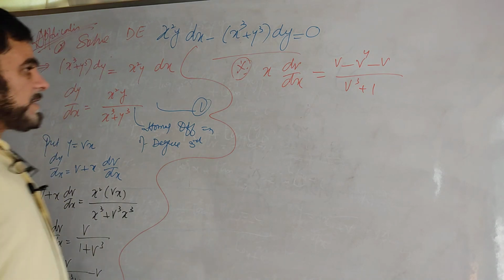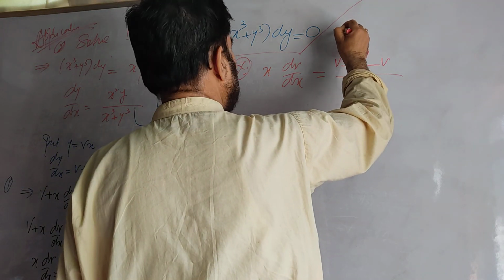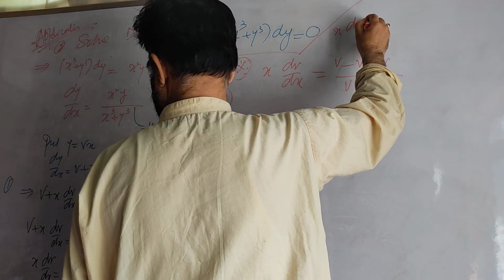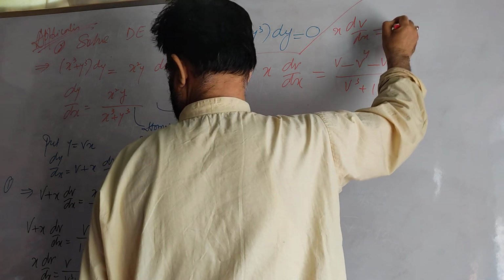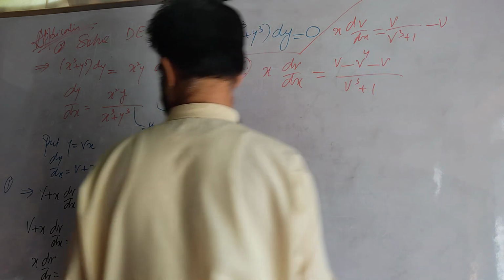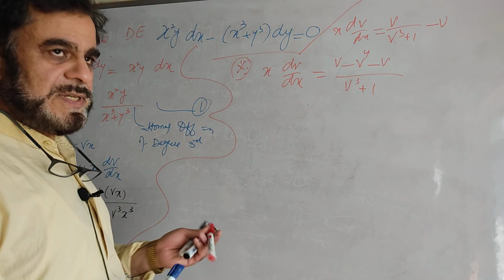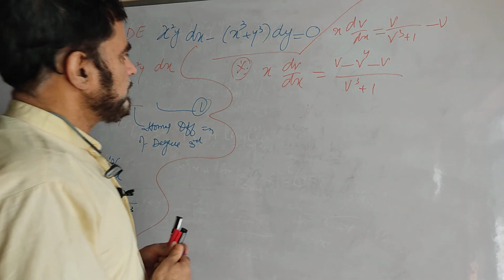If this setup is not visible, I will write this setup also for your information. My setup is x dv by dx is equal to v by (v cube plus 1) minus v, by transposing v. Is it variable separable?